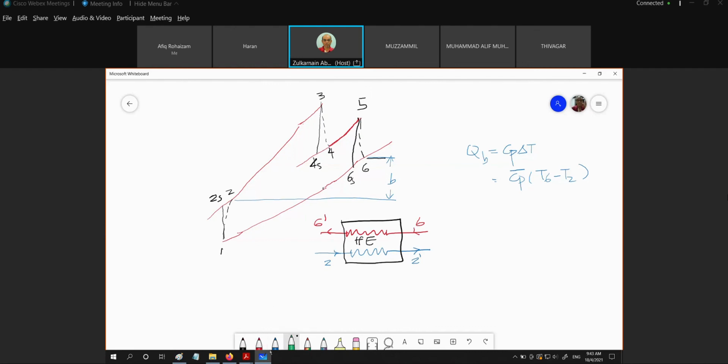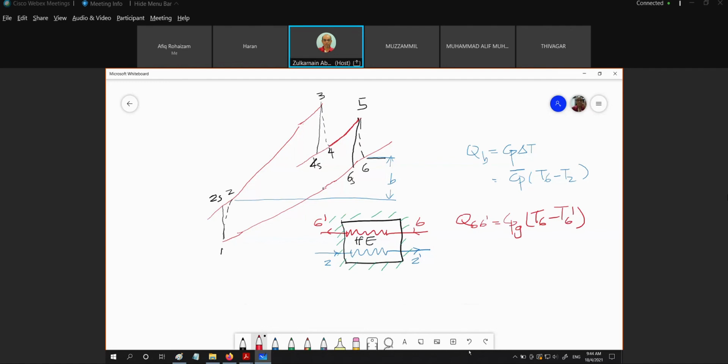If we assume this heat exchanger is being insulated, then what we are going to have right here is the Q, red color, Q 6 to 6 prime, equal to CPG times T6 minus T6 prime.